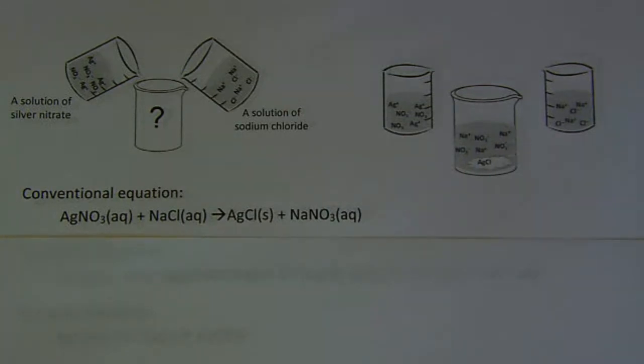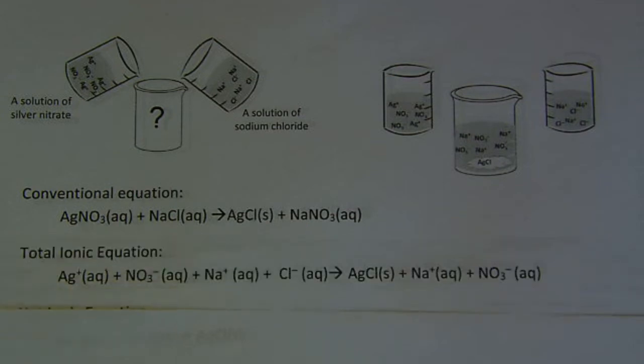But if we wanted to communicate about what's happening at the atomic or molecular level, we could write a total ionic equation, which is going to represent everything as it appears in solution.